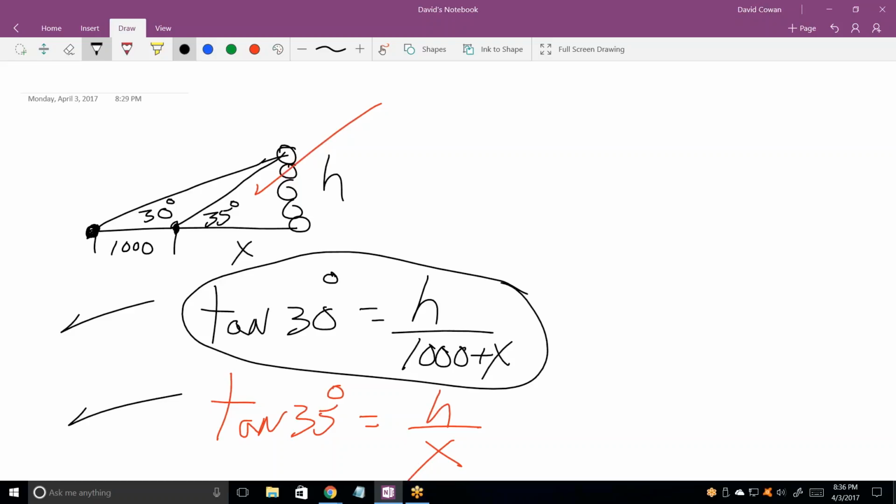Okay. So, on your calculator, what's tangent of 30? Sorry, let me go run and grab my calculator.